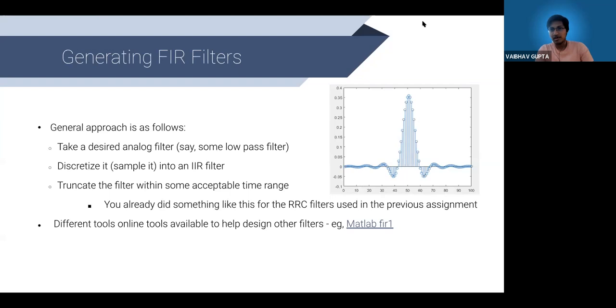So generating FIR filters is along the lines of what Tyler already described. You take some desirable filter, say the Chebyshev or the Butterworth filter if you're trying to design a low pass filter like we've discussed. You discretize it, that is, you sample it into an IIR filter, and then you truncate that within some acceptable time range.